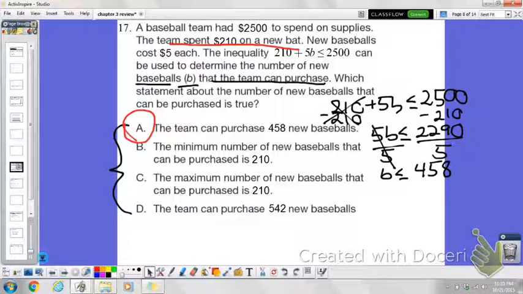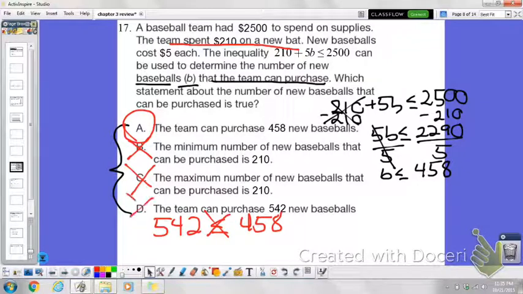C says the maximum number of new baseballs that can be purchased is 210. Well, we know that's not right because we can go up to 458 from our inequality. So we know C is not correct. D says a team can purchase 542 new baseballs. Well, since 542 is not less than or equal to 458, we know that D does not work. So our correct answer is A.